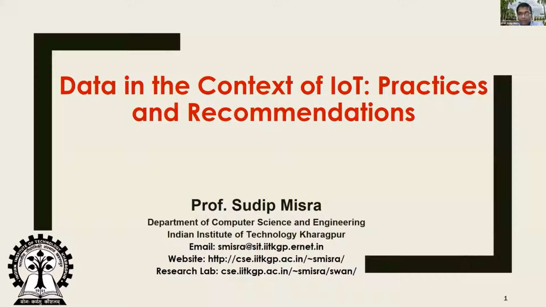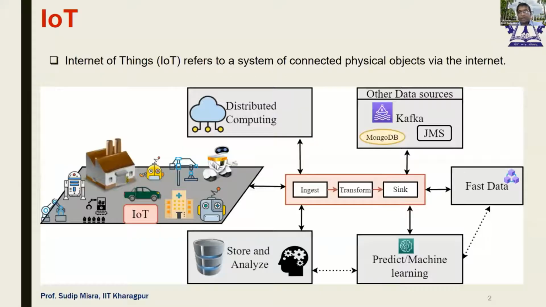So first of all, let us try to take a peep into some of the basic stuff. I think most of the audience over here, all of you are familiar with the term IoT. However, for the sake of completeness, let me just give you a high-level view of what IoT is all about.